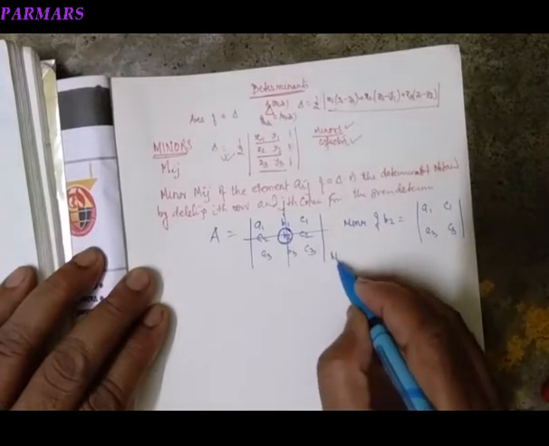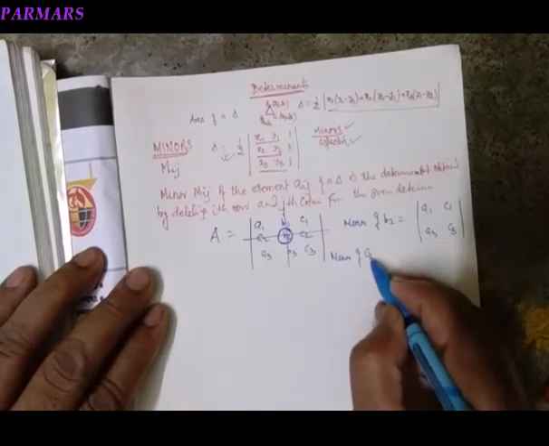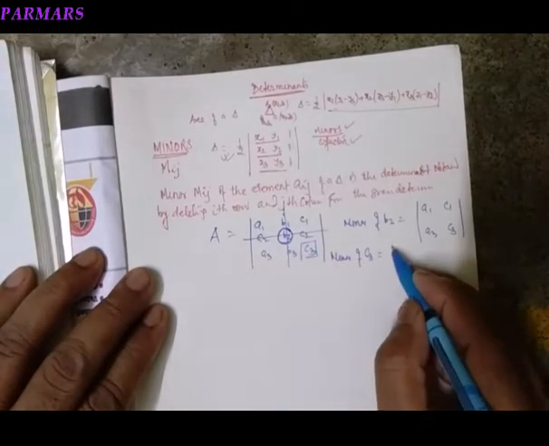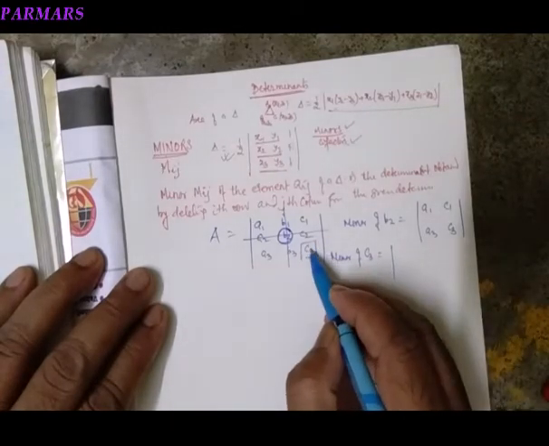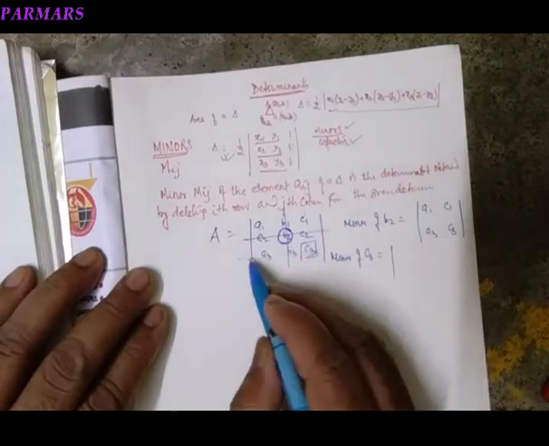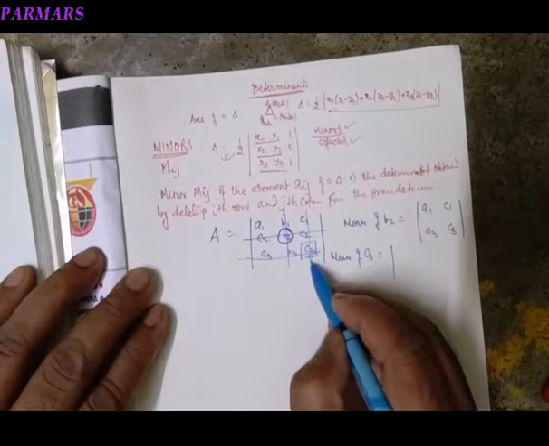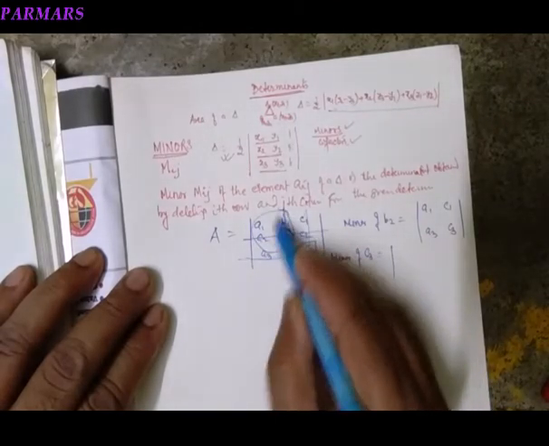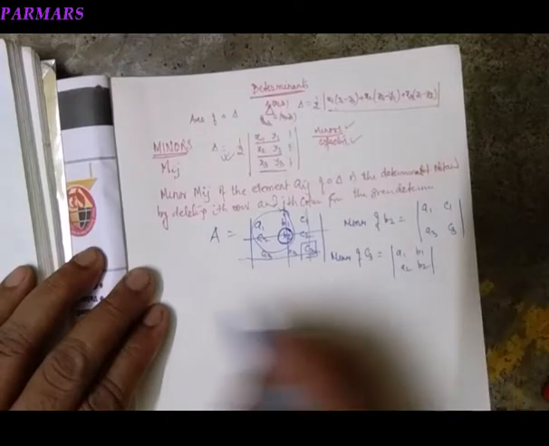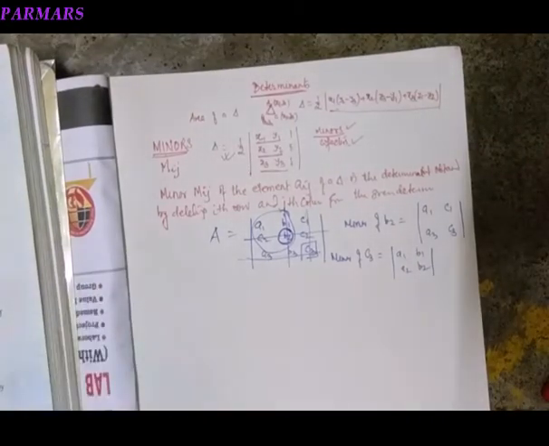Similarly, what is the minor of c3? The element c3 lies in row number 3 and column number 3. So delete these row and column. You will get a1, b1, a2, b2. This way you can find minors.